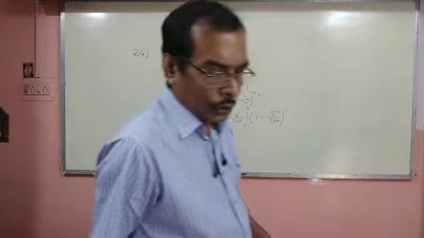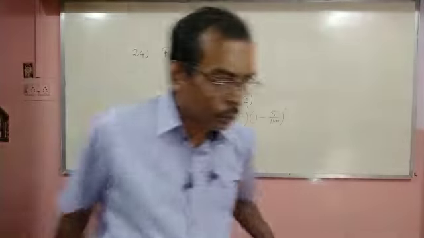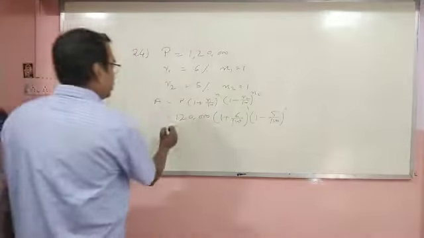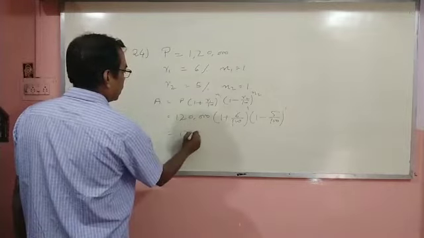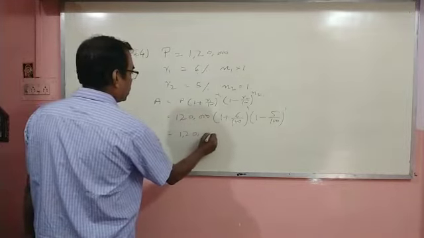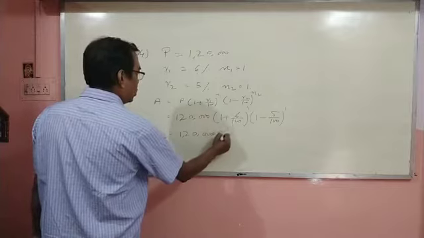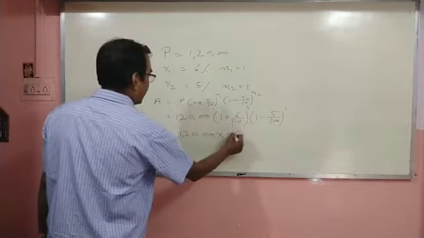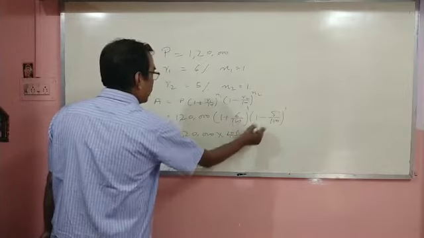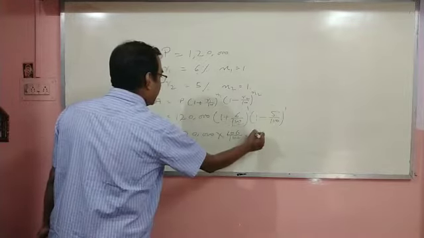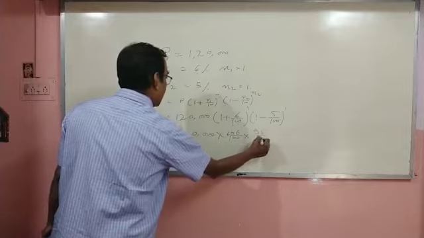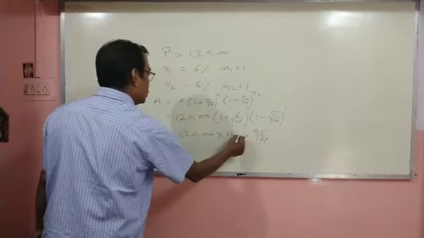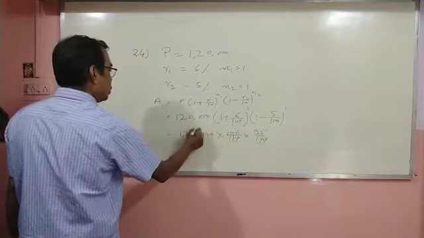Okay, so now the calculations part, which is equal to 1,20,000 into 106 by 100 into 100 minus 5, which is 95, by 100. Simple calculations, the zeros are supposed to be cancelled, these 4 zeros are going to be cancelled.